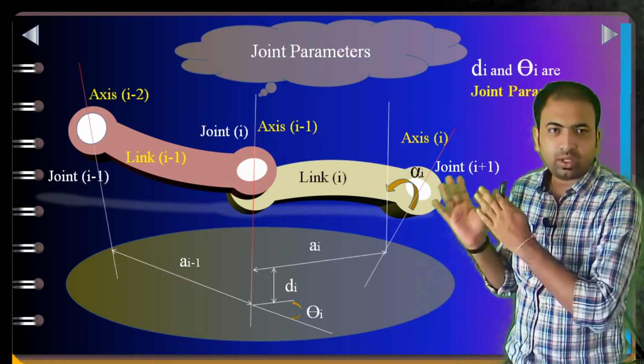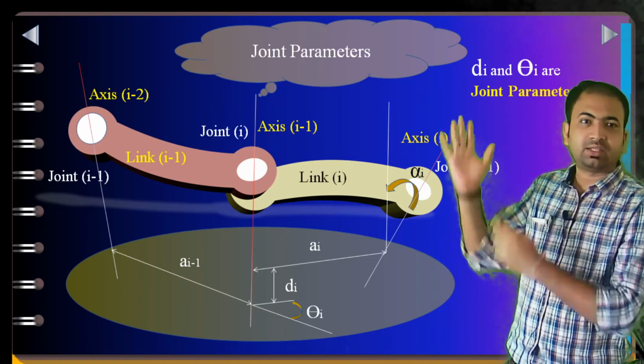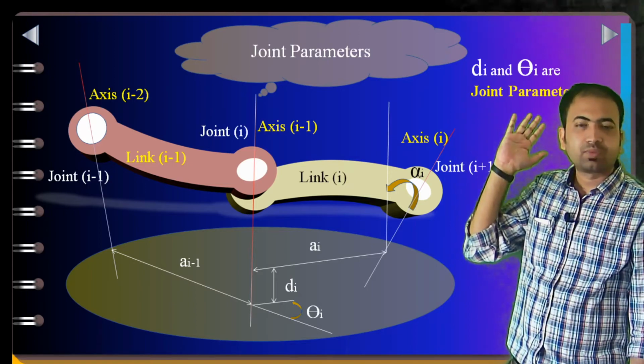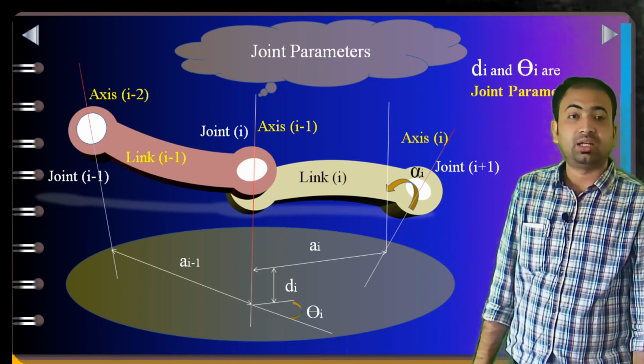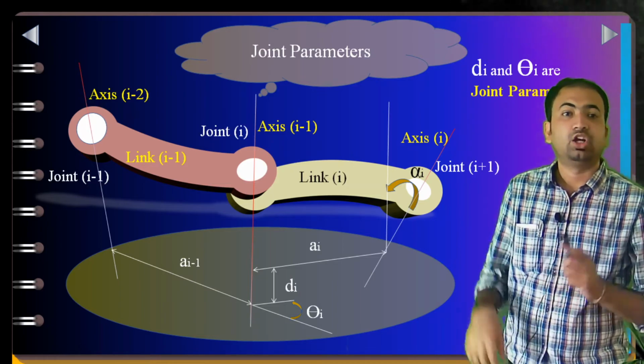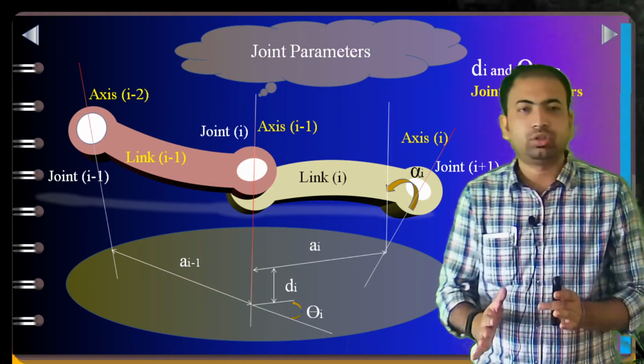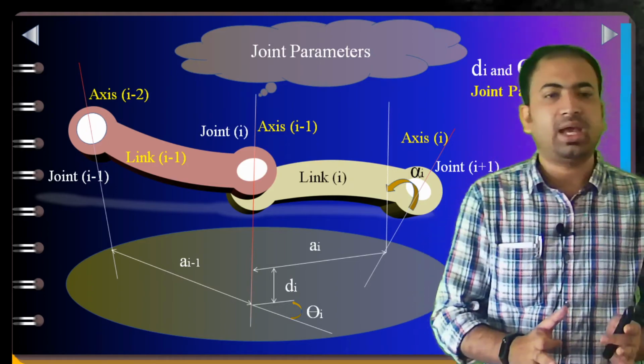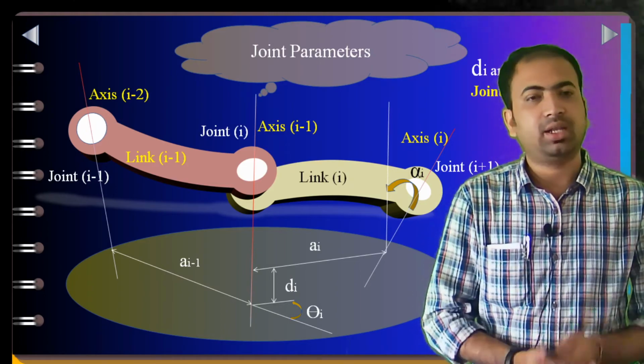The other 2 terms are di and theta i, where di is the joint distance and theta i is the joint angle. These 4 things we have studied in today's class.